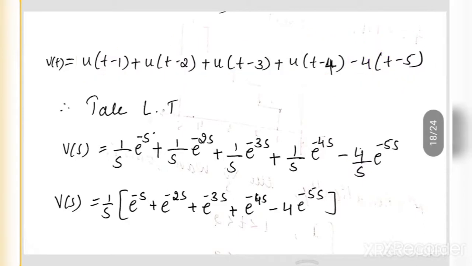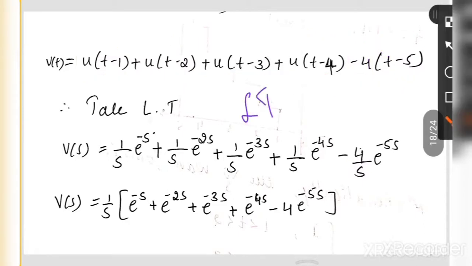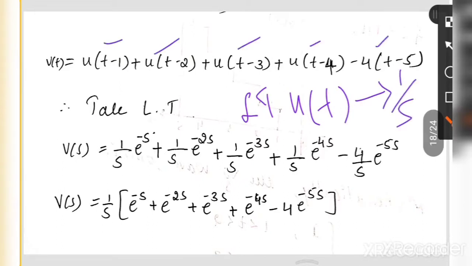As we know, the Laplace transformation of u of t is 1 by s. So all are of u of t, only with respect to delay we have. So all of other parameters are of 1 by s, because u of t's Laplace transformation is 1 by s. So first factor is u of t minus 1.